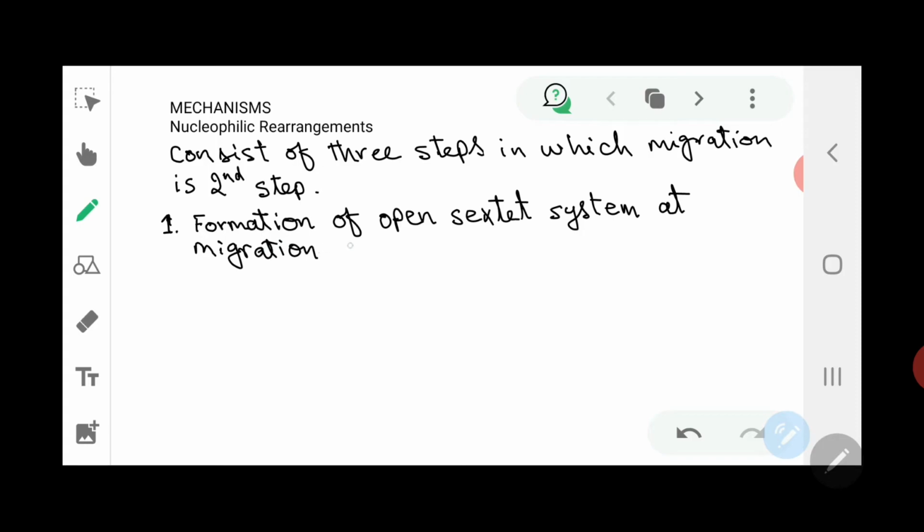This open sextet system contains 6 electrons. So this can be achieved by the formation of carbocation.